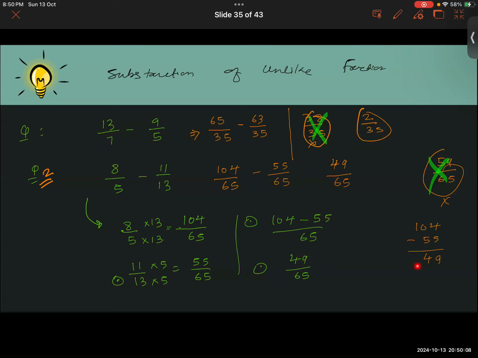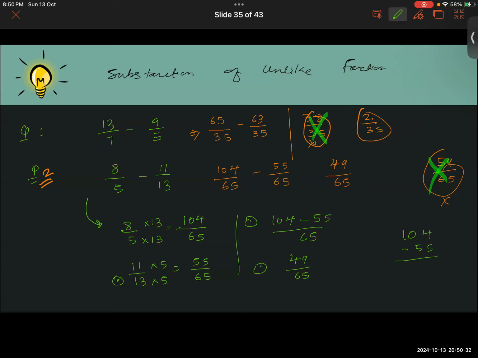How will we get 9 in place of 0 in the subtraction? Okay, pay attention here. This is 104 now and this is 55. Let me redo this for you. One minute. It's 104 minus 55.